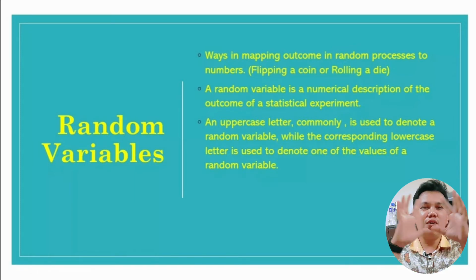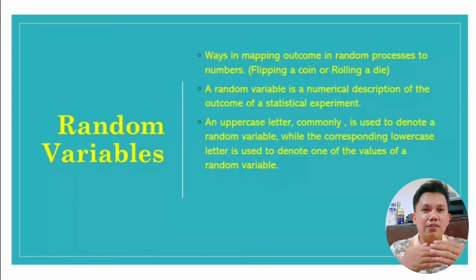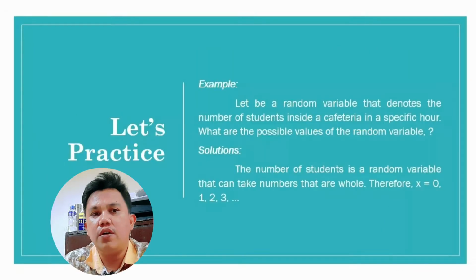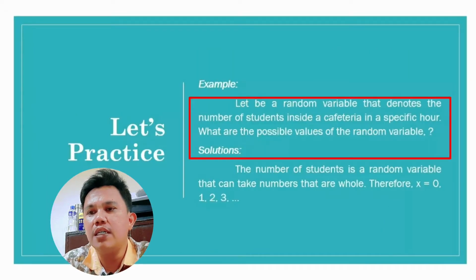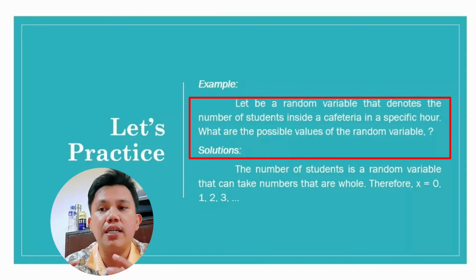So I will give you an example para mas maintindihan nyo yung pinag-uusapan natin dito. Kasi I just give you the whole picture so that para meron tayong direction dun sa pag-uusapan natin para hindi kayo mawala. Okay, so ito yung example. Let S, a random variable, denote the number of students inside the cafeteria in a specific hour. So ang random variable natin is the number of students inside the cafeteria.